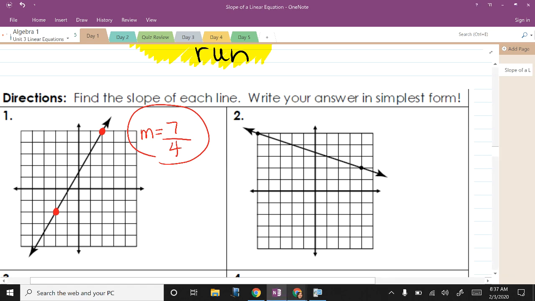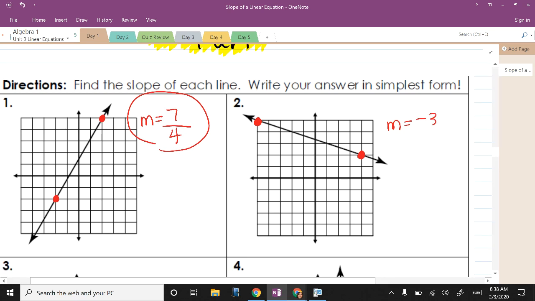If you can't see them, the points are right here in the corner and then down right here. Rise over run. So I start with the left point. Do I go up or down to rise? I rise down. 1, 2, 3. Y'all agree? So my rise is negative 3.